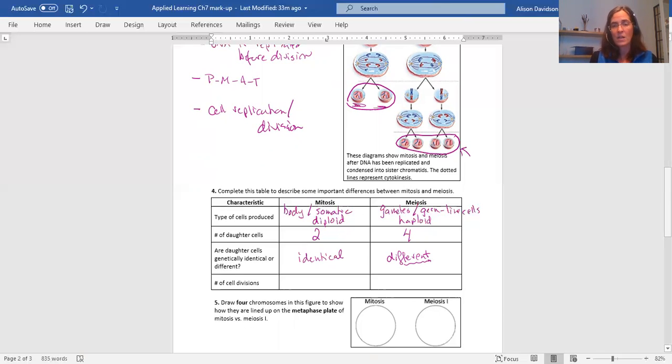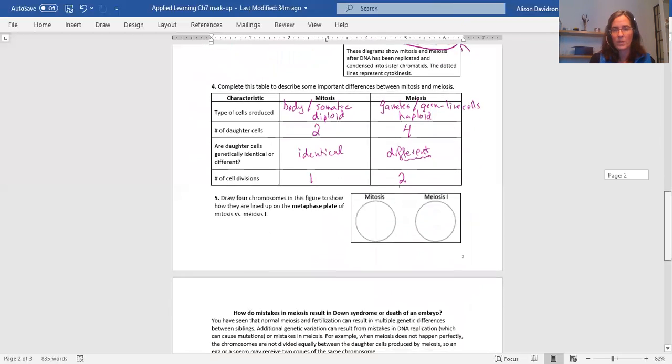And as we see in our lecture materials, it's important for the process of evolution as well. Final part of the chart here, the number of cell divisions. There is only 1 round of cell division in mitosis. But in meiosis, you can see we have 2 rounds of cell division. So again, most students are able to do that particular chart.